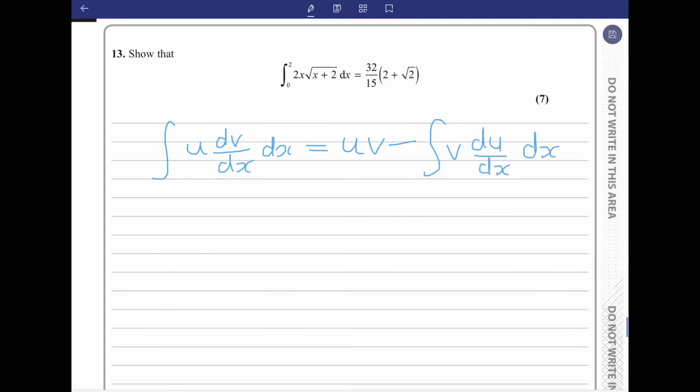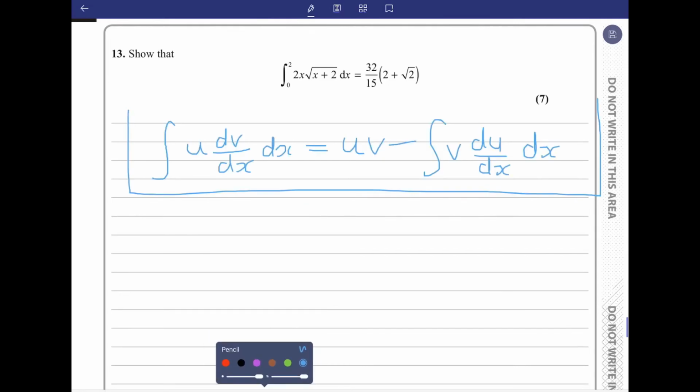This follows directly from the product rule. So again, if you'd like me to do a video explaining where this formula comes from, then I'm happy to do so.